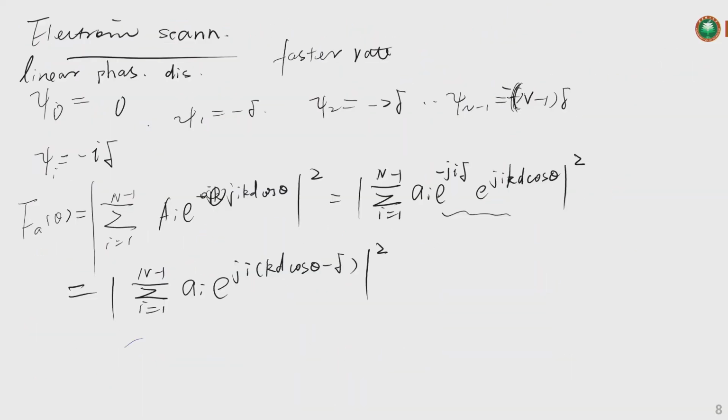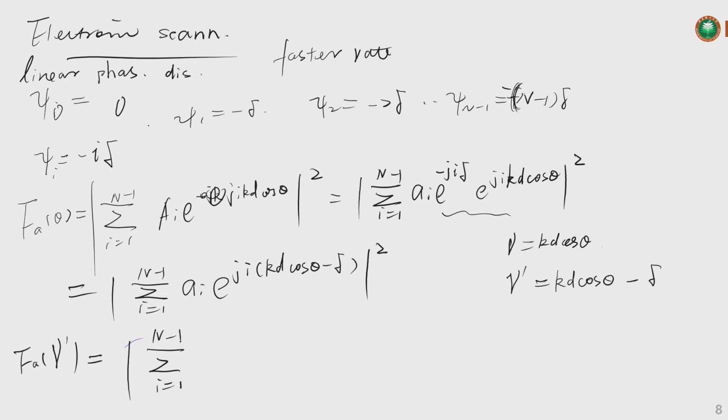Then we assume another gamma prime equals k d cosine theta minus theta 0. So now the array factor becomes the sum from I equals 0 to n minus 1 of e to the j I gamma prime, squared.